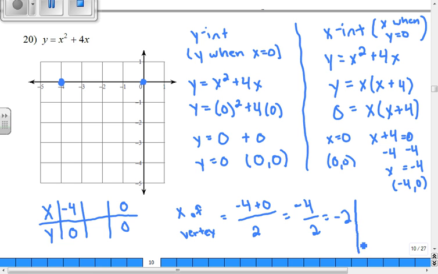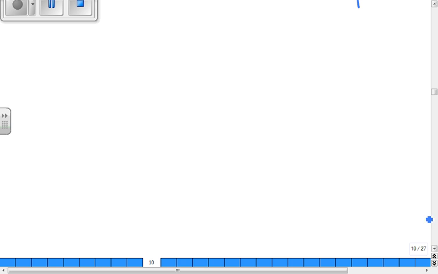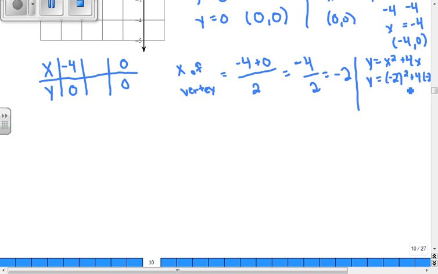Now I need to plug -2 into my equation to figure out what my y is. So I've got y equals x squared plus 4x. So y equals (-2) squared plus 4 times -2.